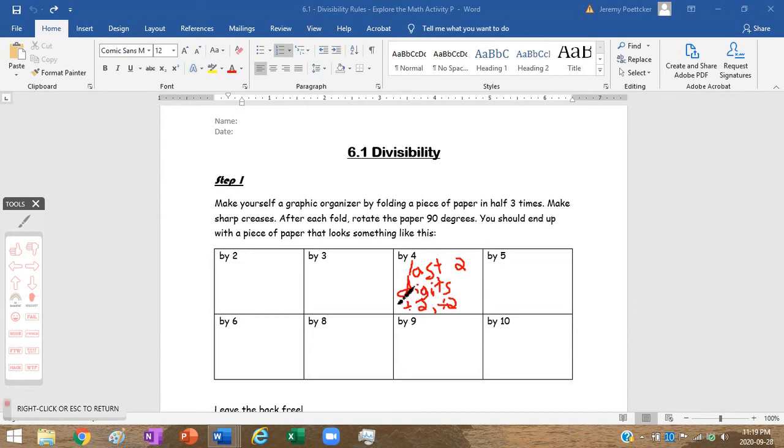Or you know what? If we're dividing by 2 and then dividing by 2, that's the same as dividing by 4. So one of the things we could also say here is that if something is divisible by 4, the last 2 digits are also divisible by 4. All right. And we can do the same thing if something's divisible by 8. Again, it's last 2 digits.